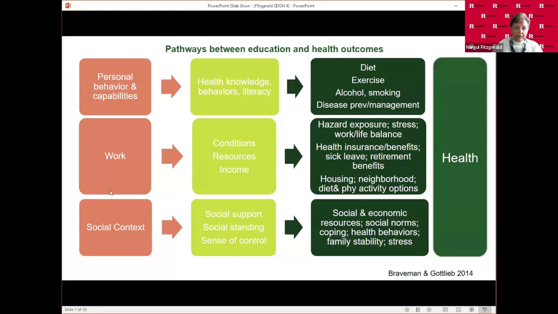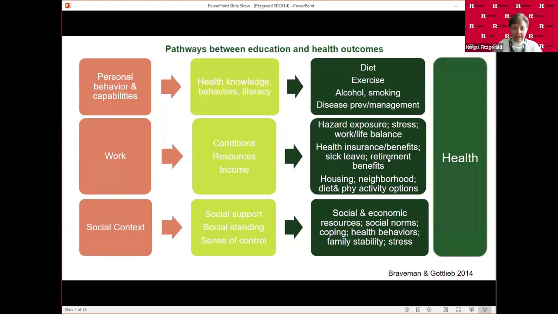On another level, education can also influence work-related conditions, leading to changes in people's conditions, resources, and income, leading to changes such as exposure to hazardous situations, stress, work-life balance challenges, and changes in health insurance coverage and benefits, for example, wellness benefits, sick leave, or retirement benefits.